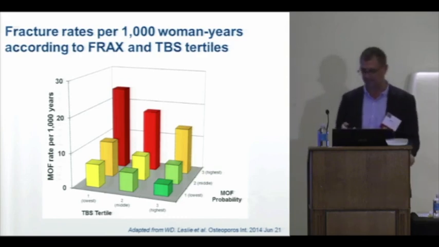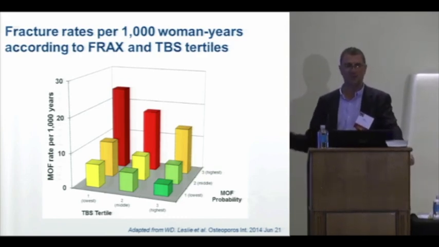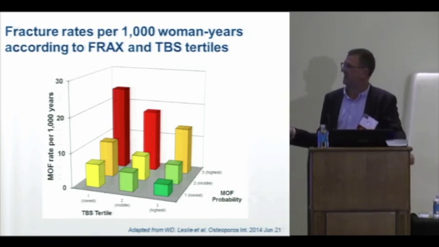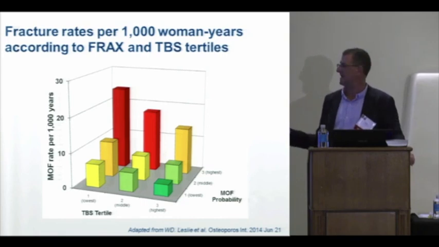Before they did that, there was the first study, again by Bill Leslie, with the Manitoba cohort, where you look at the type of graph you've seen before, but instead of BMD, it's major osteoporotic fracture per tertile versus TBS.